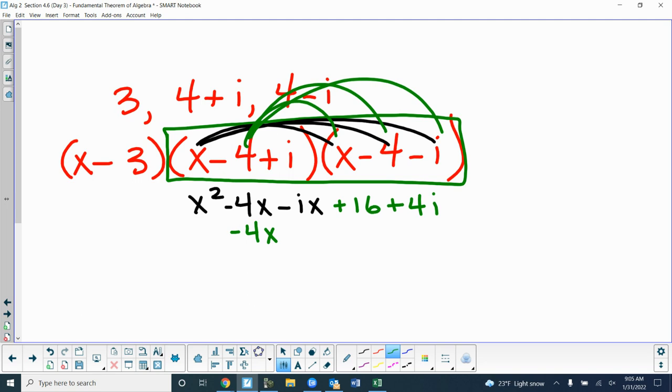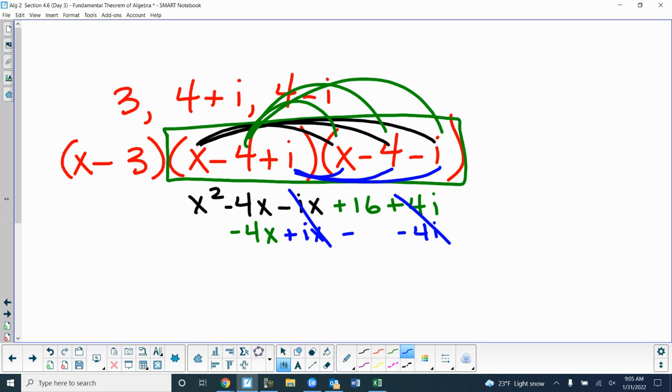A negative times a negative is a positive. You guys should know that, right? When I multiply i times all 3, I get a positive ix, and those cancel. I get a negative 4i, and those cancel. And I get a negative.